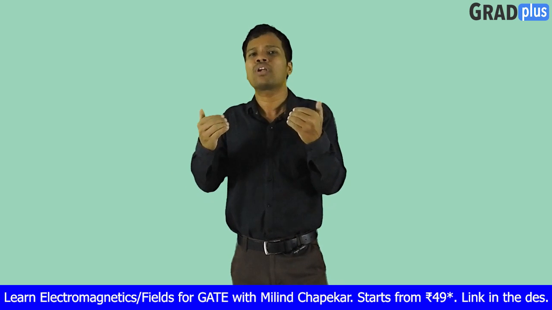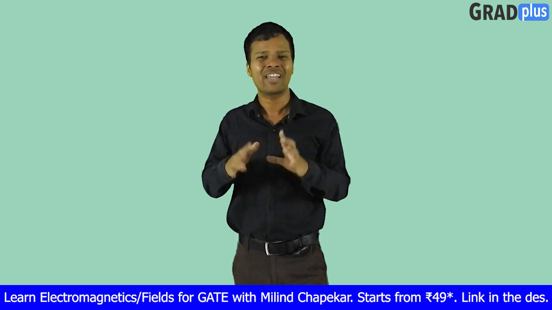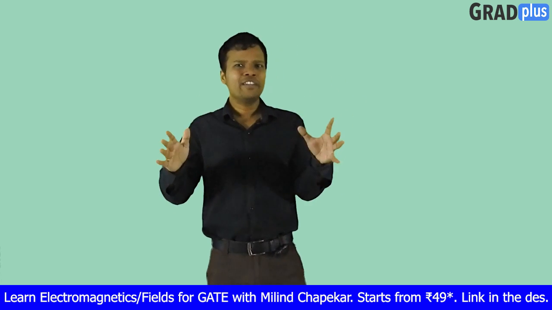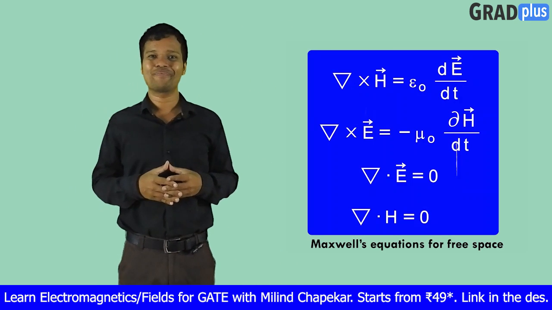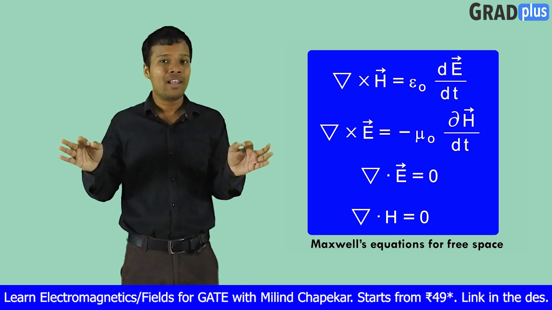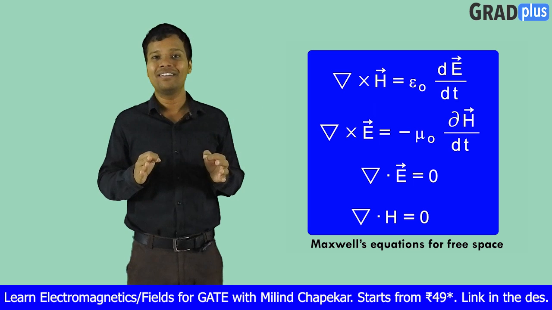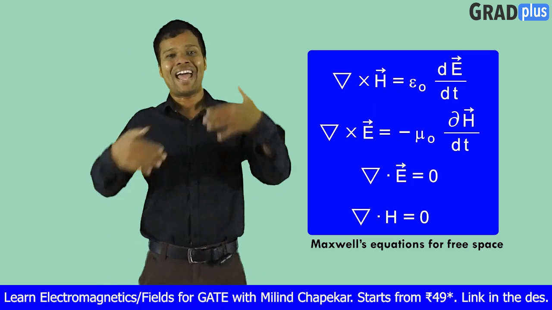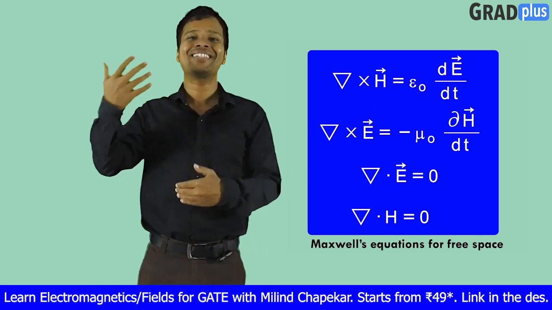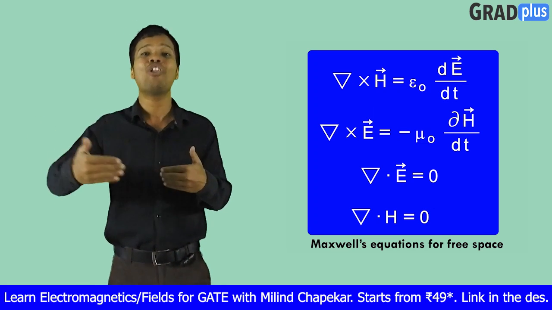How can you remember more quickly? How can you remember why E and H are mutually perpendicular in a general way? My dear, you know that the complete EM wave phenomenon is basically a byproduct of these Maxwell's equations. Am I right? Maxwell proposed that based on these equations, time varying electric field generates time varying magnetic field, and time varying magnetic field again generates time varying electric field, and the phenomenon goes on carrying energy along with it.